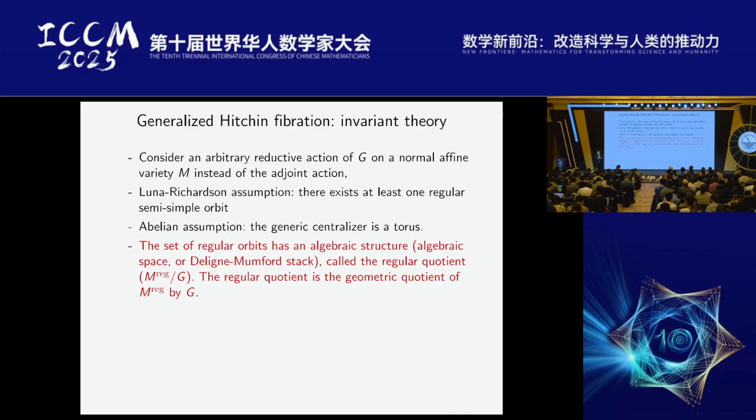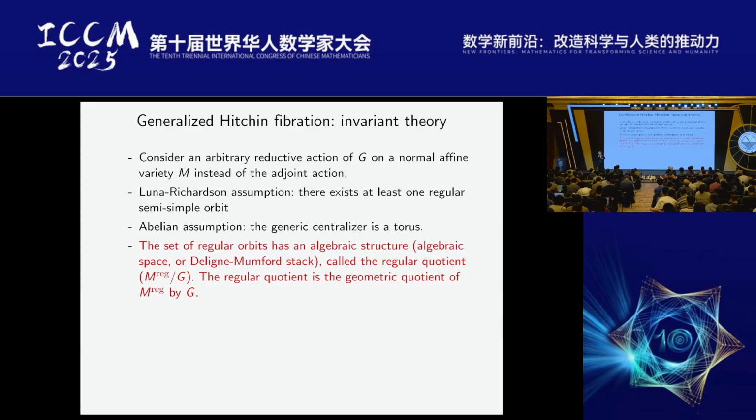So the difficulty in generalizing this invariant theoretic package of regular centralizers is to understand the geometry of the map from the space of regular orbits, the geometric quotient, to the categorical quotient, the space of closed orbits. So what does the map look like?